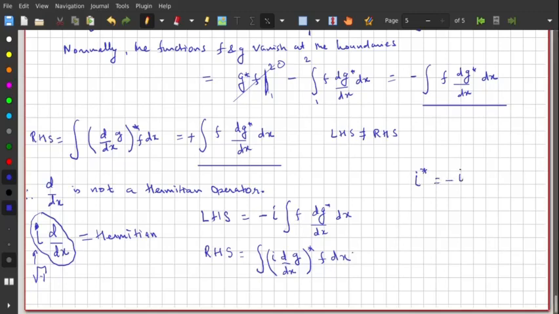So this becomes minus i integral f dg star dx. Therefore LHS is equal to RHS, and hence we show that i d/dx is Hermitian.